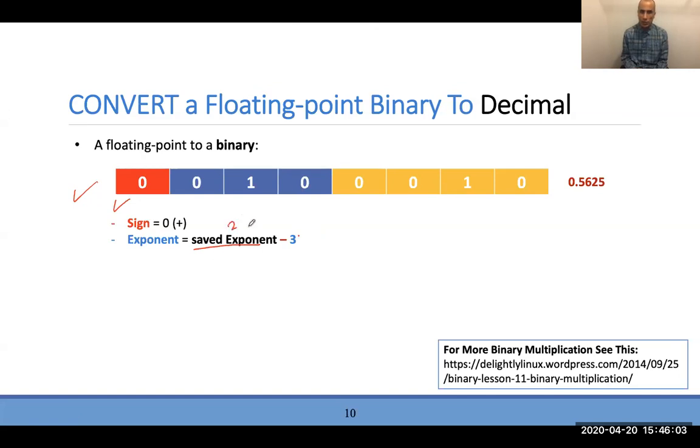Here, if you have 2 minus 3, you're going to get your -1 back. So this is very important to keep in mind. Now we're going to do this to get the bias component, and this is going to be my fraction that I have stored in there. And then this is going to be my formula. This is very important for you to remember. So we're going to use this formula to convert this number.